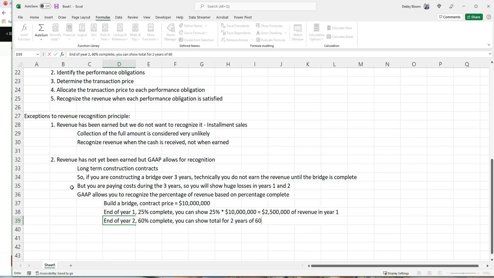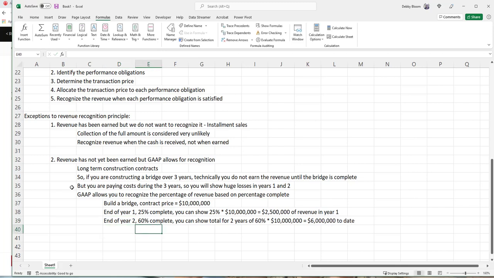of 60% multiplied by the 10 million, which is $6 million of revenue to date. But you already showed 2.5 million in year 1.